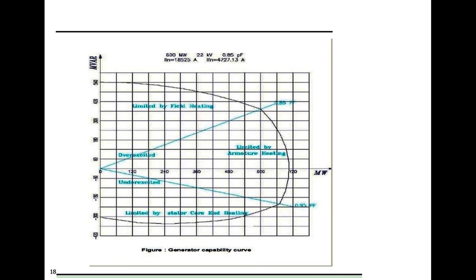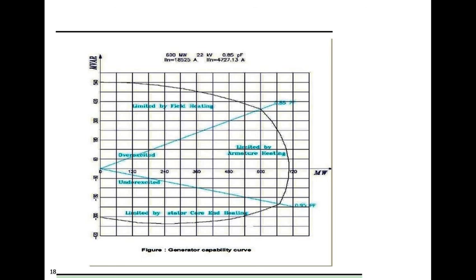Now coming to the bottom quadrant, where active power is plus and reactive power is minus, meaning we are consuming reactive power. This means we are in an underexcited condition of the generator, where the generator voltage is less than the grid voltage. That is, our excitation system is low excited, underexcited. In this condition, we are consuming reactive power from the grid.